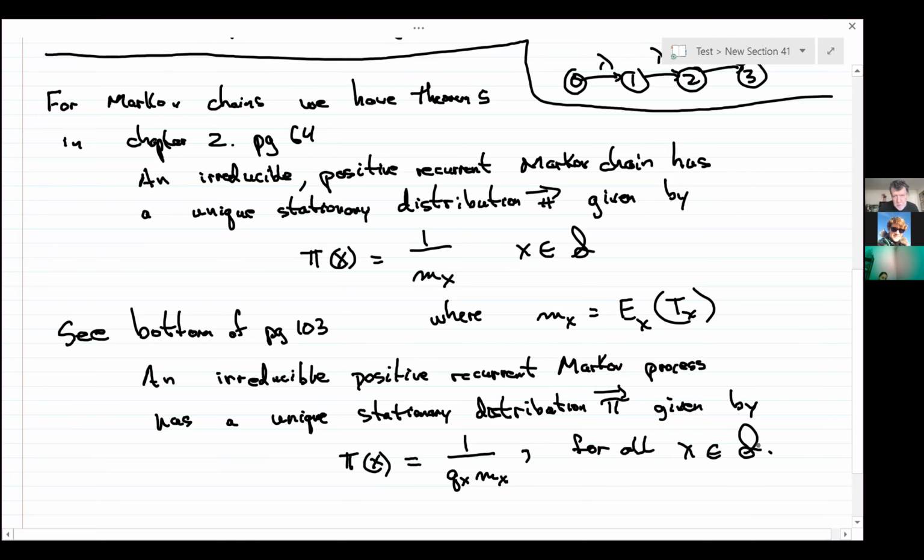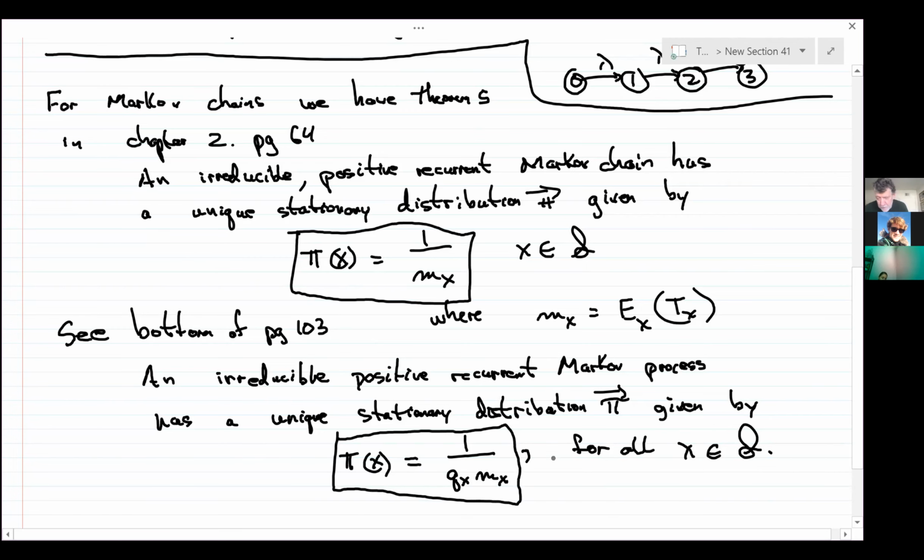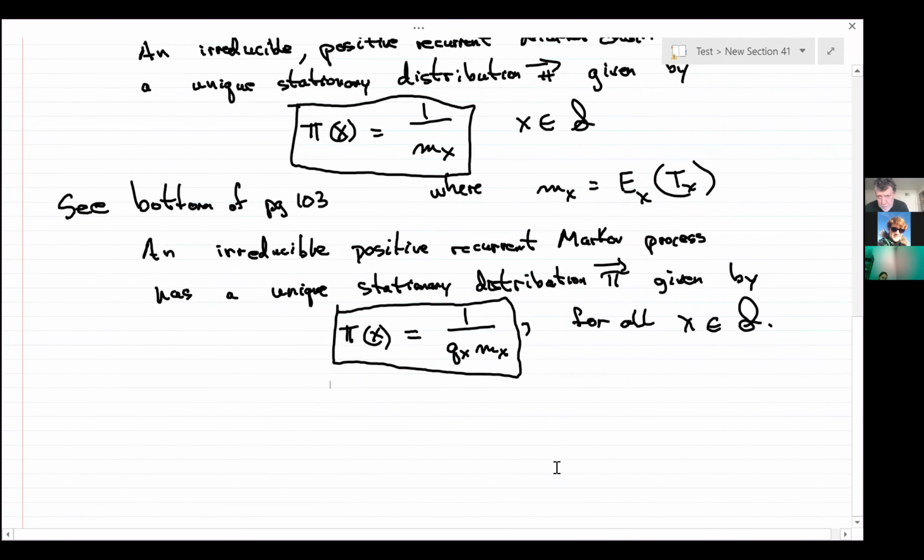Okay, so it's almost the same statement. Contrast this one with this one. What is m sub x? m sub x is the same thing it was before. It's the expected time to go from a state x back to itself for the first time. So that's still as it was before.